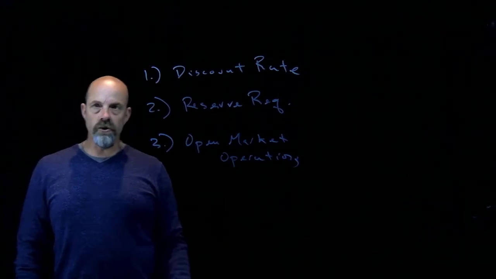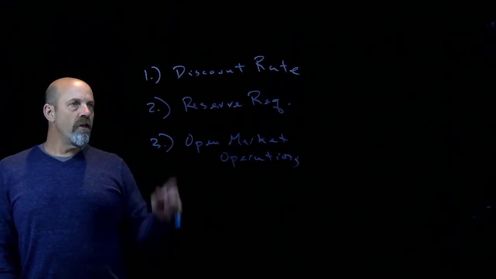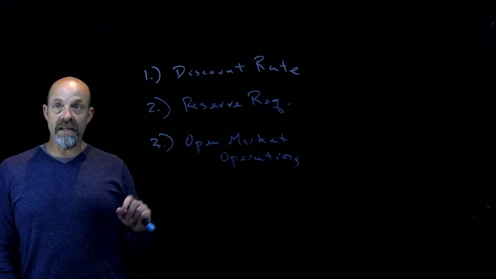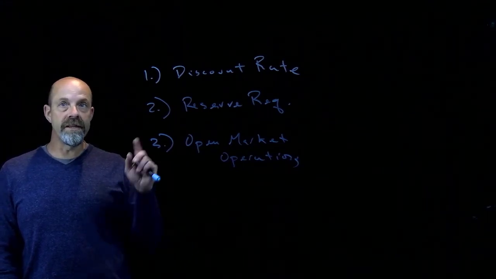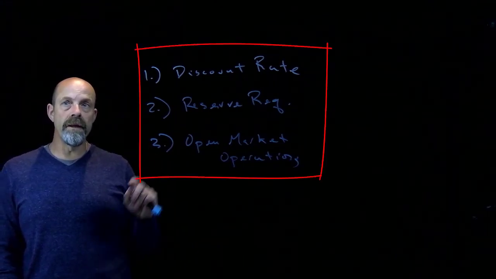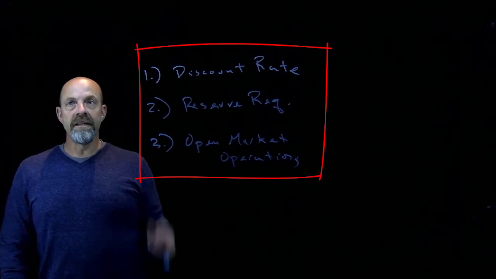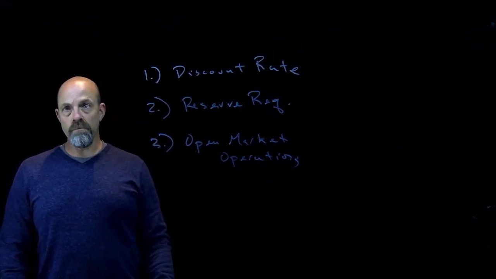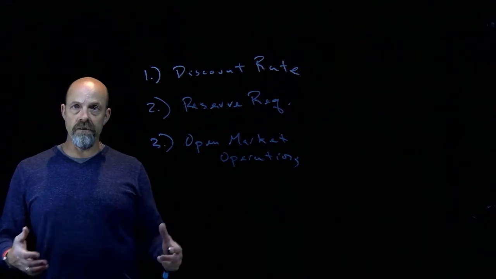Prior to the financial crisis, the Fed used three tools to expand the money supply: the discount rate, the reserve requirement, and open market operations. The discount rate is the rate at which banks borrow money from the Fed to increase their reserves.